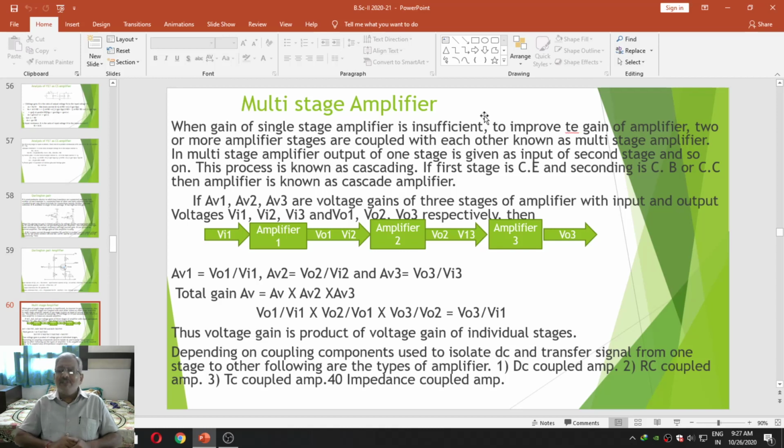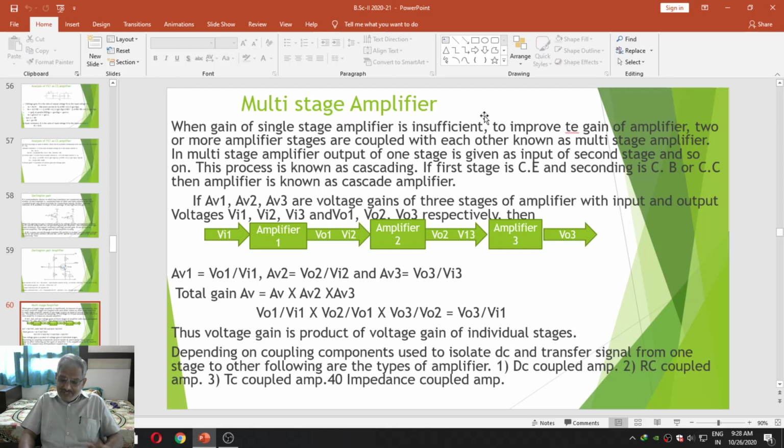In a multi-stage amplifier, the voltage gain is improved by multiplying the voltage gains of the individual amplifiers with each other. Thus, the net gain of a multi-stage amplifier is the multiplication of the individual voltage gains of the stages involved in that particular multi-stage amplifier.